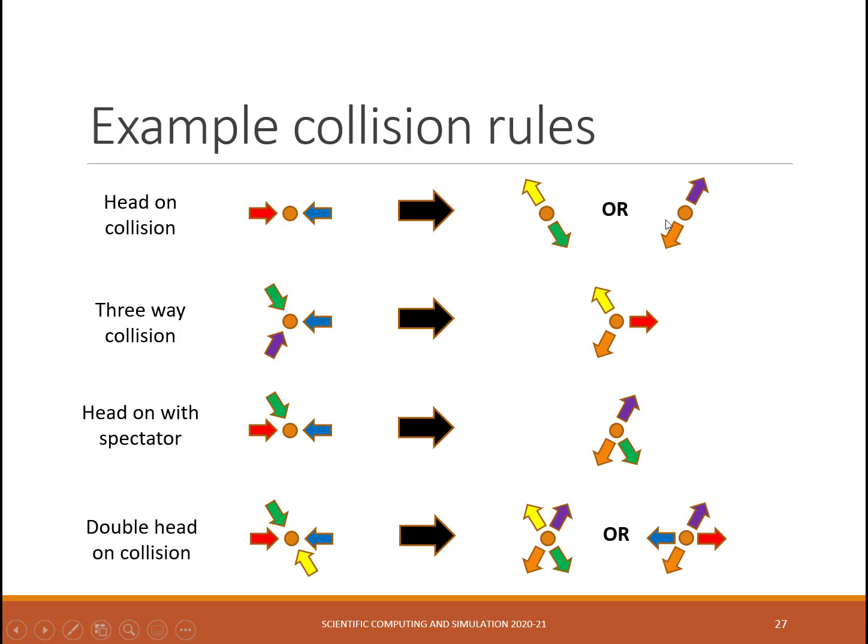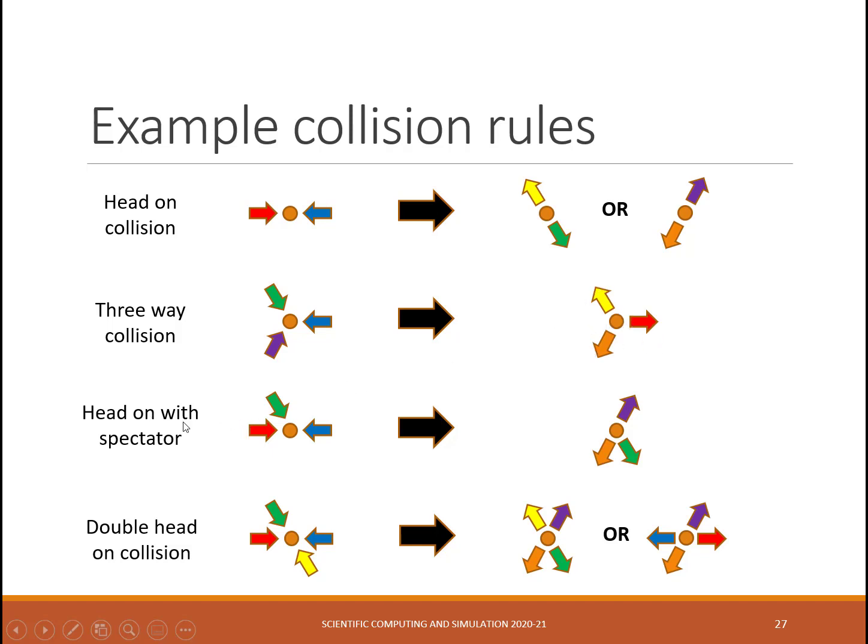So, in contrast to HPP, the FHP model encompasses non-deterministic rules. There are deterministic final states when three particles involve in a head-on collision. As we can see here, the directions are reflected. The next case shows a two-particle head-on collision with a spectator.